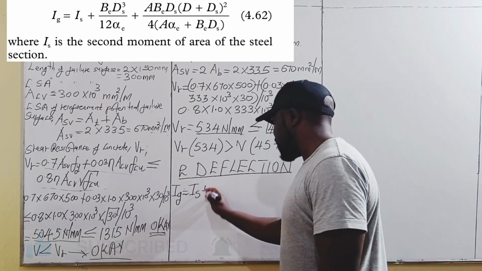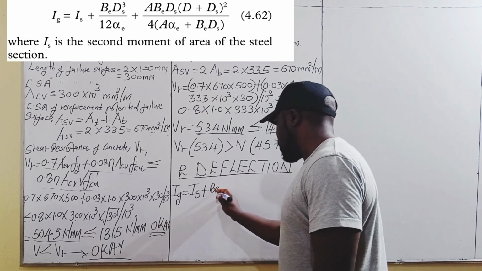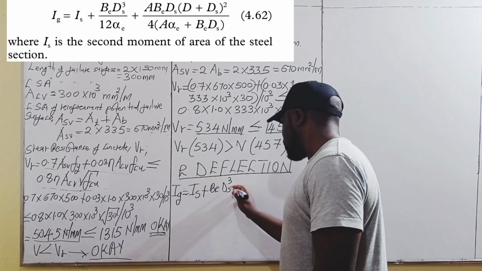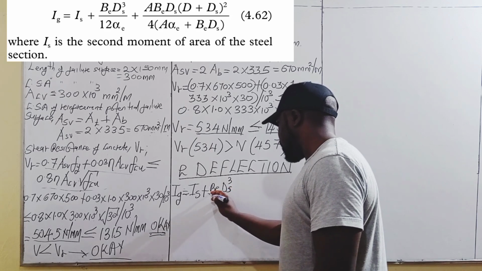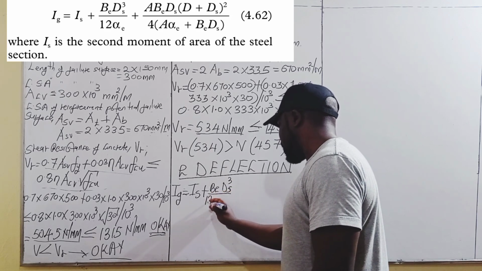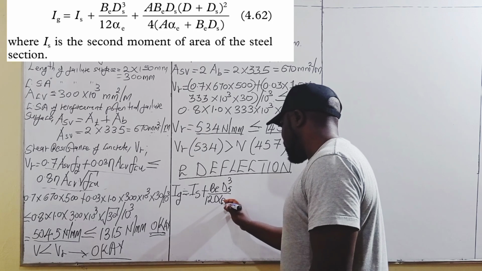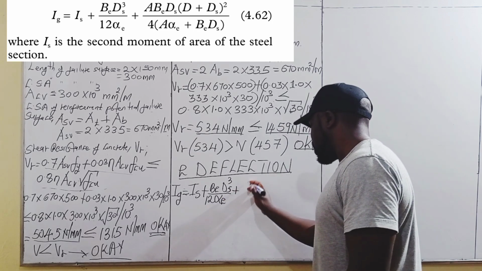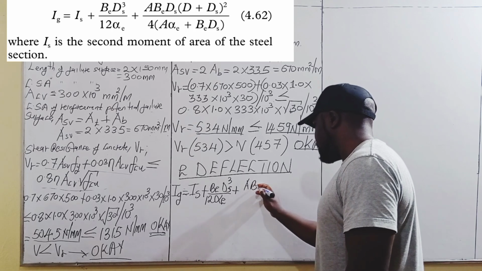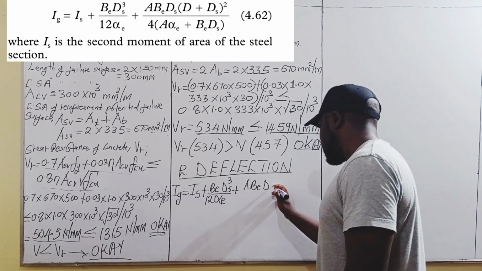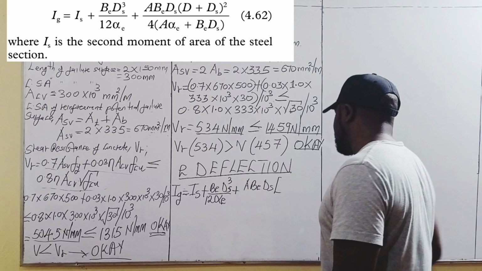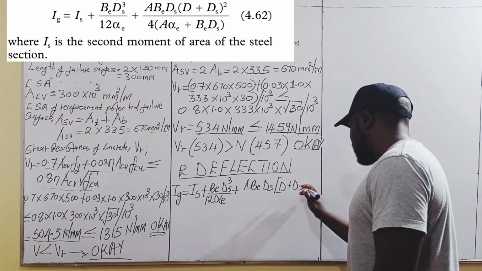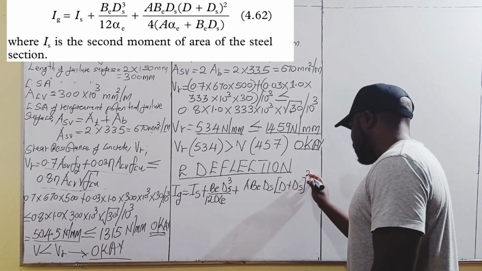IS plus BE ds cubed divided by 12 multiplied by the modular ratio. Then we add these two, A, B, E, ds into D plus ds squared.